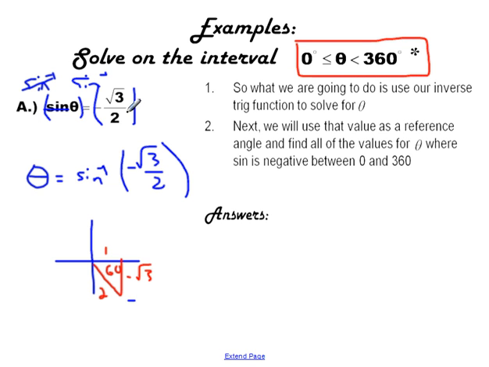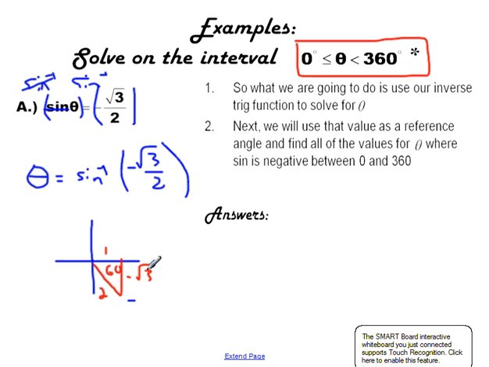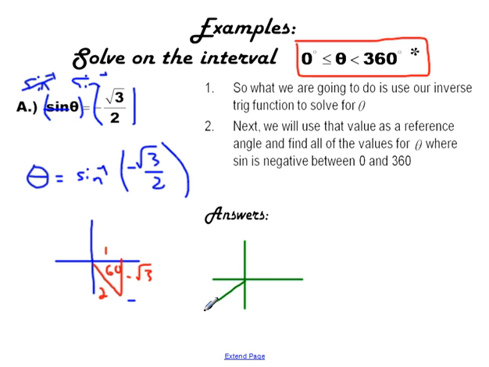Since we're solving an equation, we want theta between 0 and 360, so we know one of our solutions is here, reference angle 60. We also know that one of our solutions will be here, which also has a reference angle of 60. So we are trying to solve for the two angle measures I drew in green, which you should know are 240 and 300.